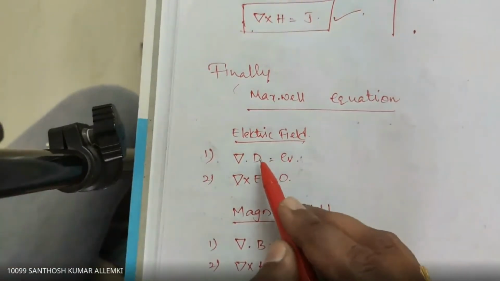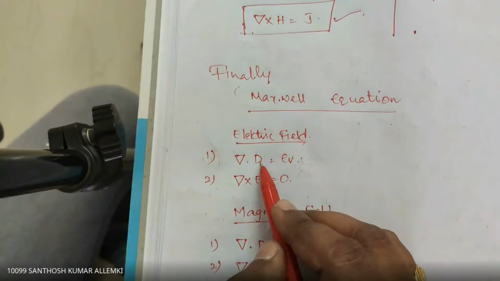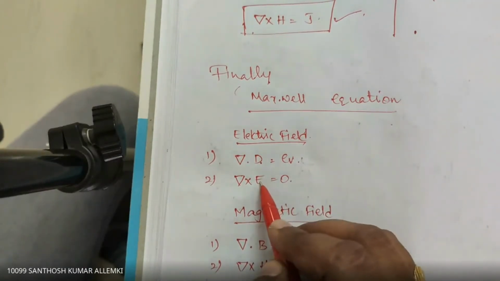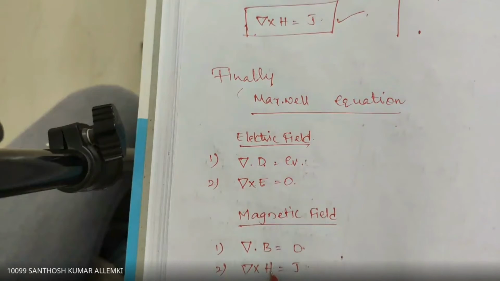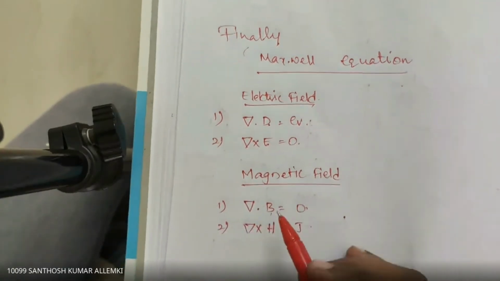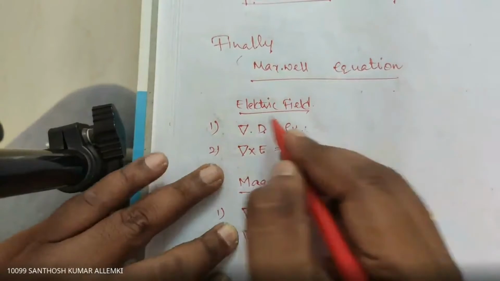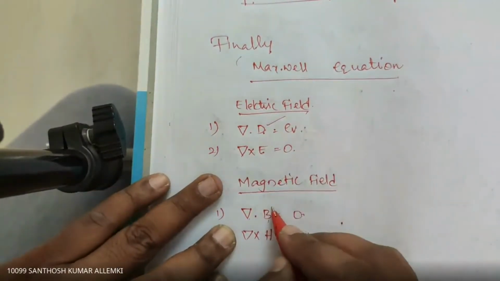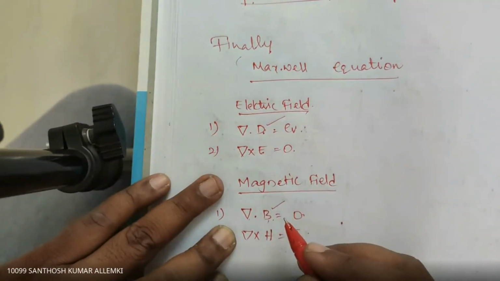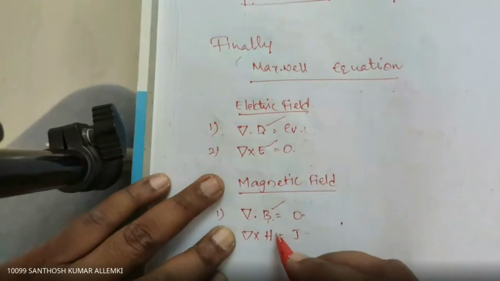See here, D is nothing but the electric flux density, and E is the field intensity. Here also we have field intensity and flux density, but that is different. Del dot D: here it is a flux density, and this is also a flux density. And these are field intensities.